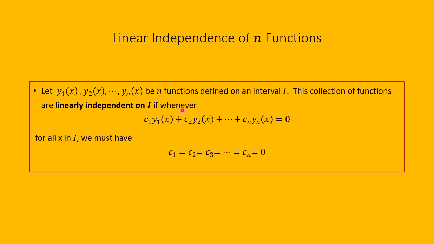In other words, if this is equal to 0, then all of these constants, multiples of these y functions, all have to be 0. That's the only way to make this thing equal to 0.